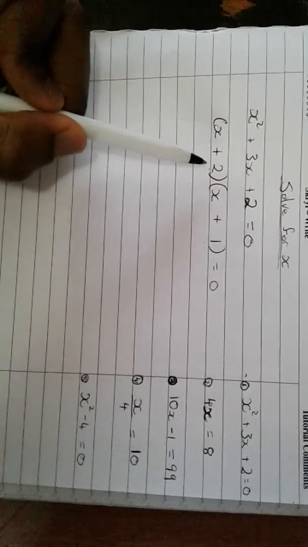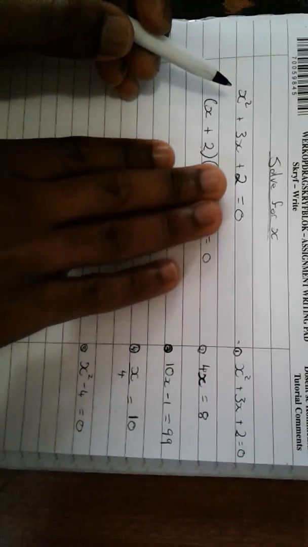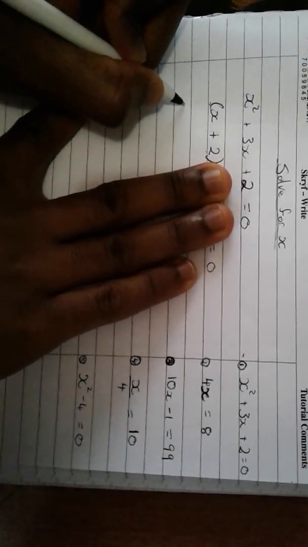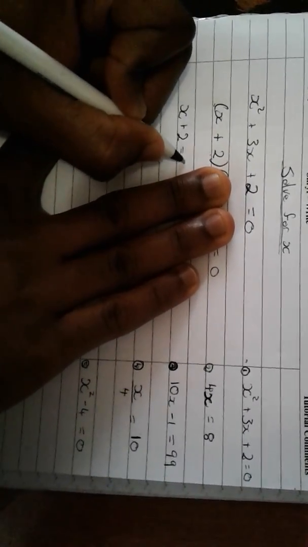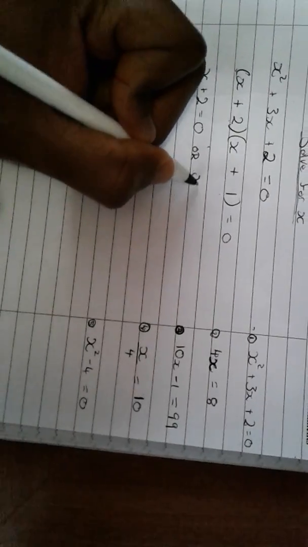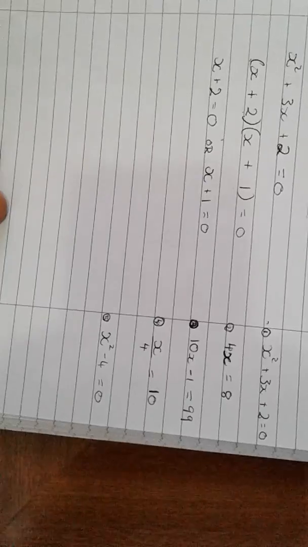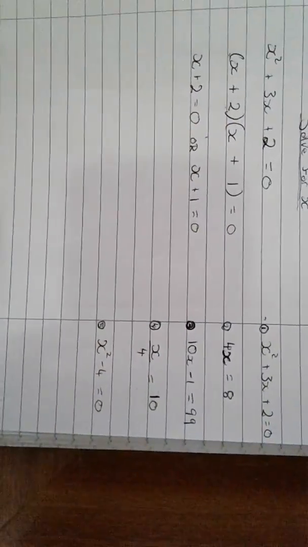So in this instance, you're going to take this bracket first, and you're going to say x plus 2 is equal to 0. And then take this one, say or x plus 1 is equal to 0. Got it? We took this one first and then we took that one.